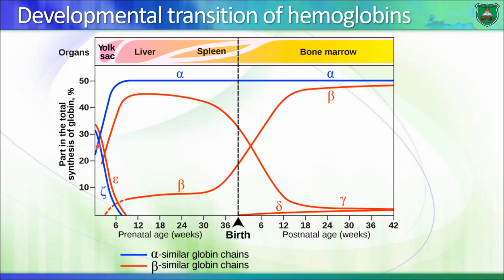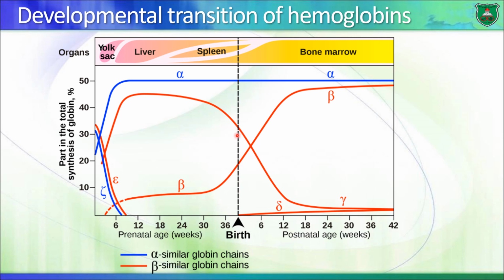Now, what happens is that you have production of two different chains known as epsilon and zeta, and they are produced from the yolk sac. And their production declines with time, and you have production of the alpha chain and production of another chain known as the gamma chain. And they are produced from the liver and later on from the spleen. Now the beta chain starts to be produced also early on, but its production increases right before birth.